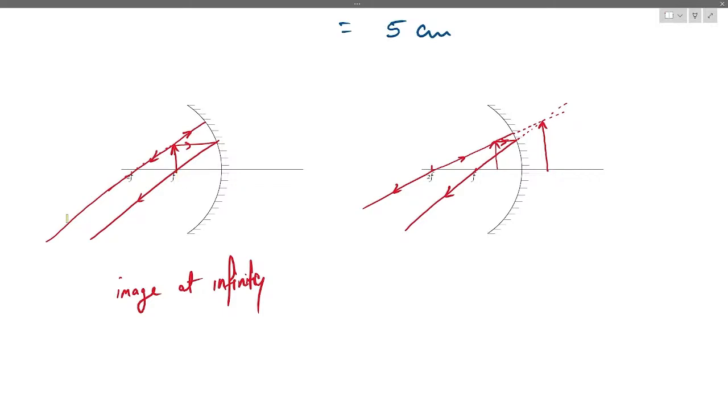We see that these two rays have become parallel, so the image will form at infinity. So if the candle is moved towards the focal point, the position of the image will move towards infinity. And if the candle is moved beyond f towards the pole, we can see that the image formed is virtual. No real image can be formed over here, and it is virtual and magnified.